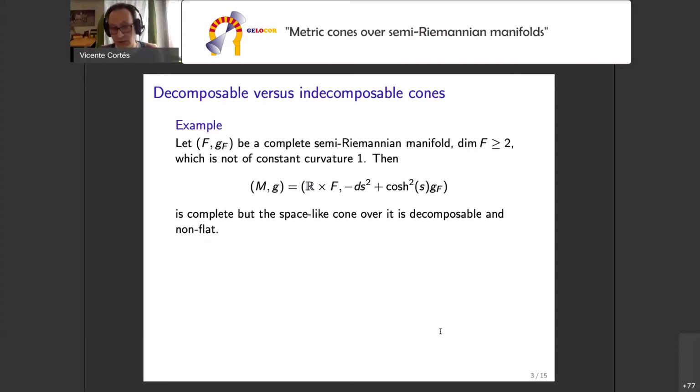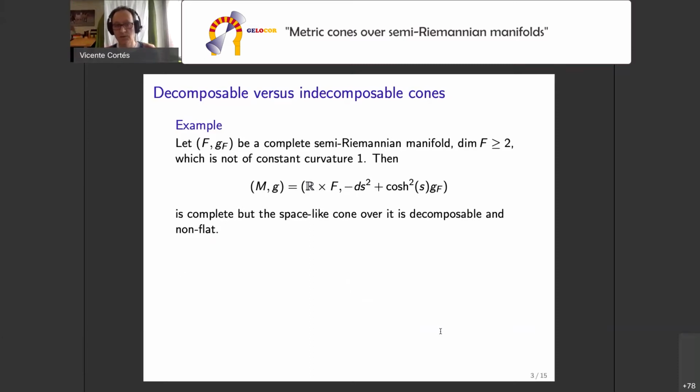It's an example of the general fact that not every statement which you can transport from Riemannian to semi-Riemannian manifolds will be true. In some cases, things fail. And here, Gallot's theorem fails in the semi-Riemannian setting. And here's an example, a counterexample.